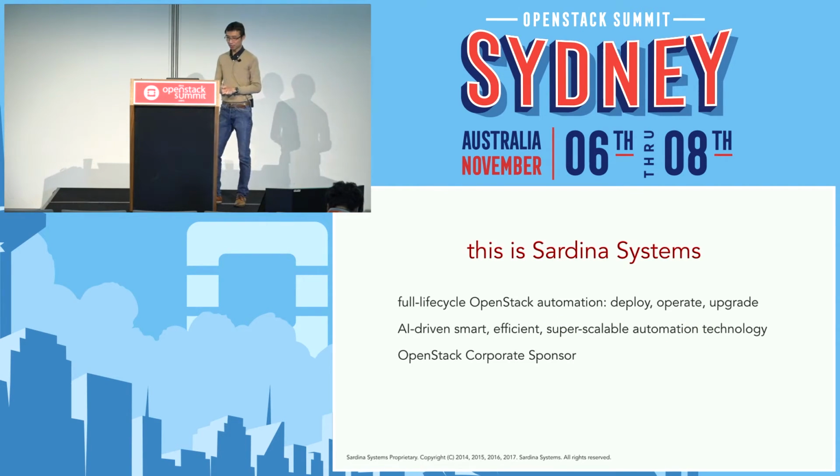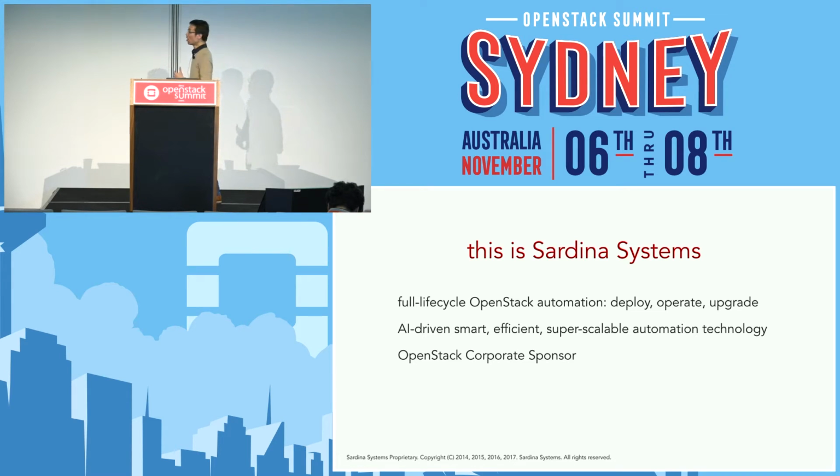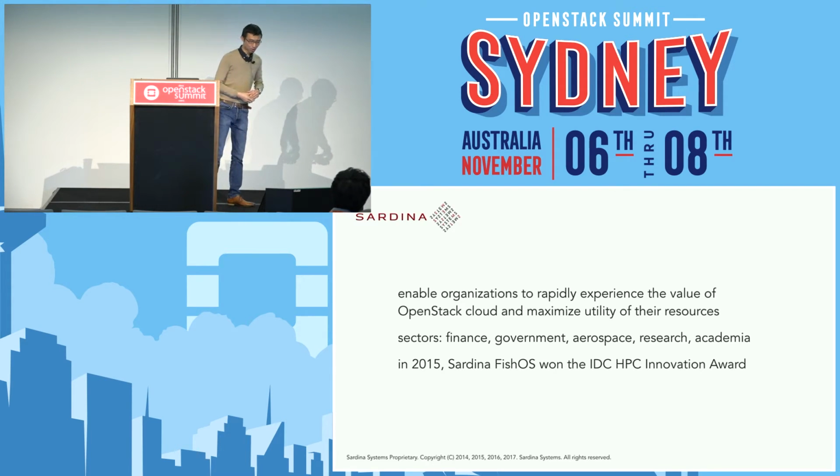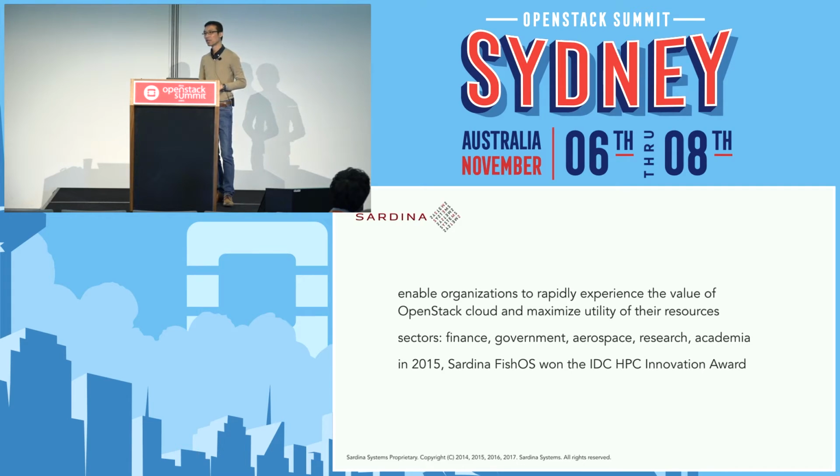This is Sardina Systems. We run a business developing AI-driven smarts for automation within OpenStack, one of OpenStack's corporate sponsors. Some of our customers are in finance, government, aerospace, and a couple of years ago, we won the IDC HPC Innovation Award.